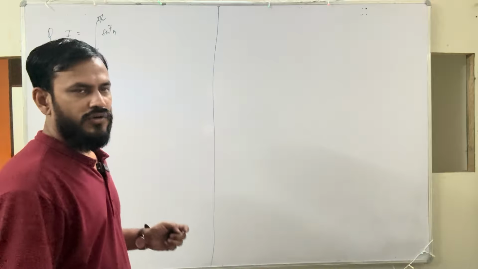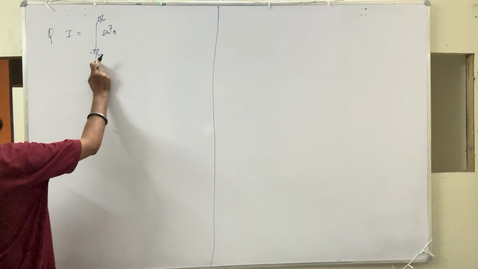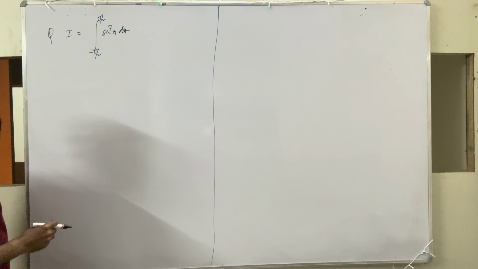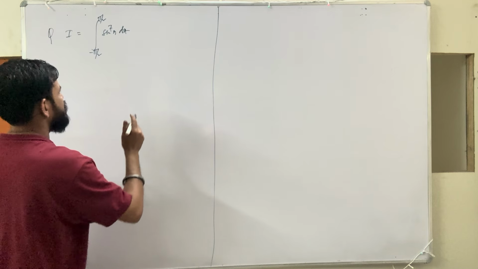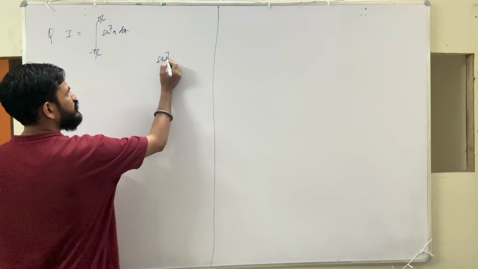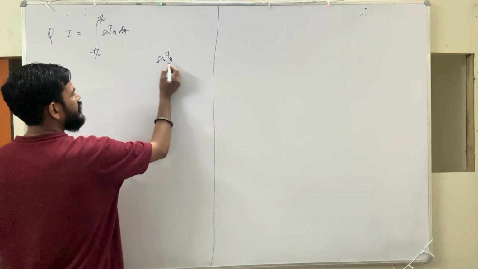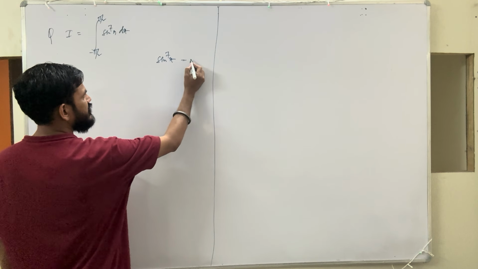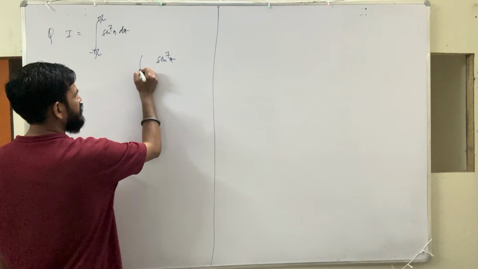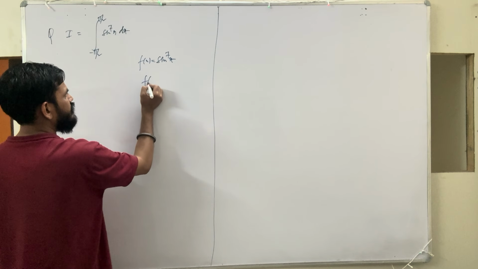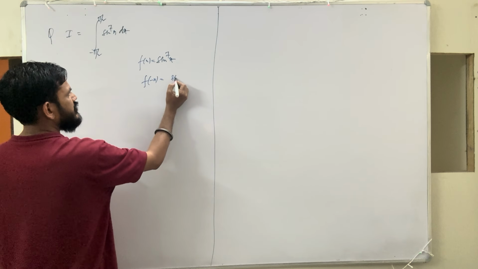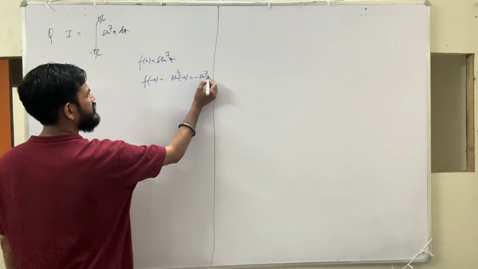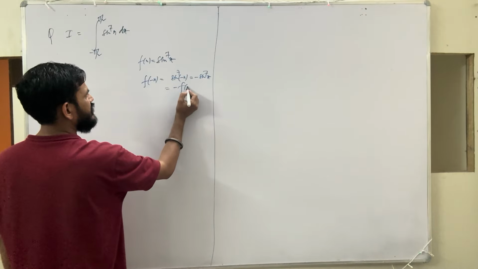Now here we see the limits are minus pi by 2 to pi by 2. So we need to check the odd or evenness of this function. So we have sine to the power 7x, and if it is f(x), then f of minus x will be sine of minus x to the power 7, which will be minus sine power 7x, which is minus of f(x).